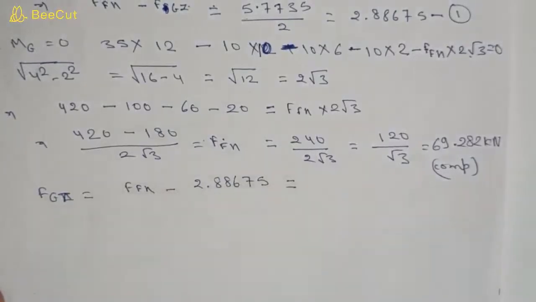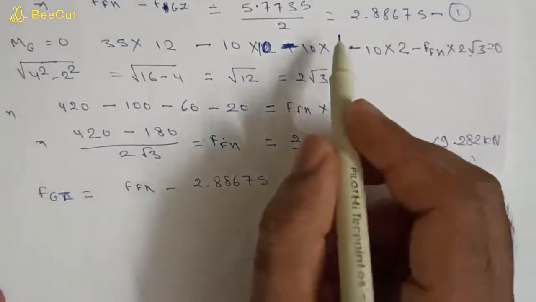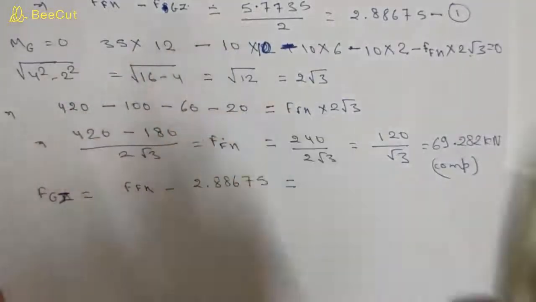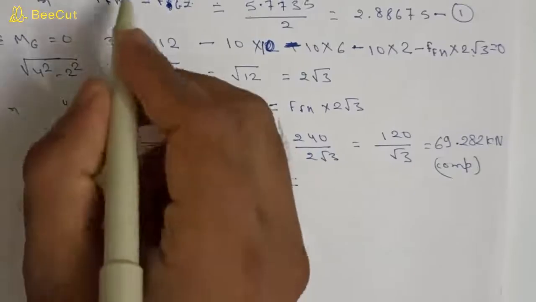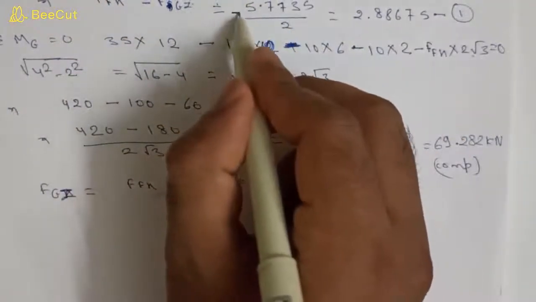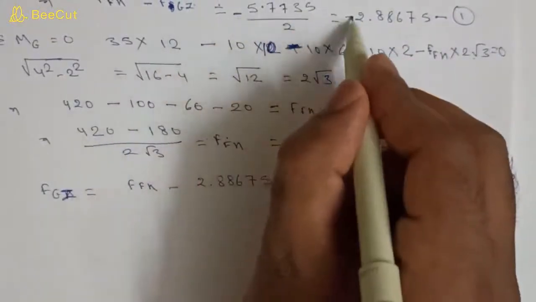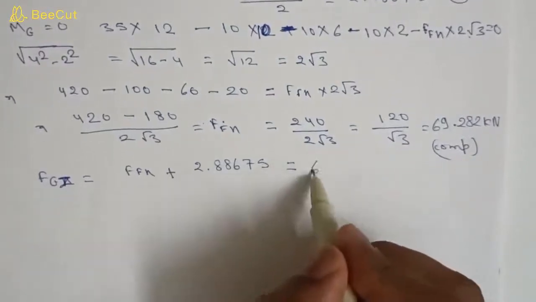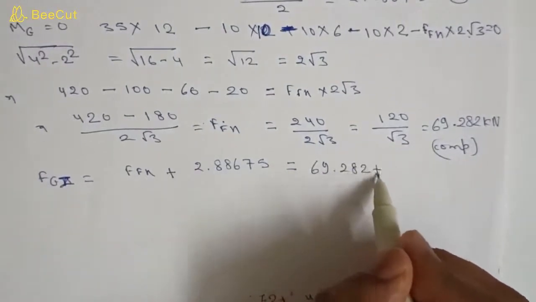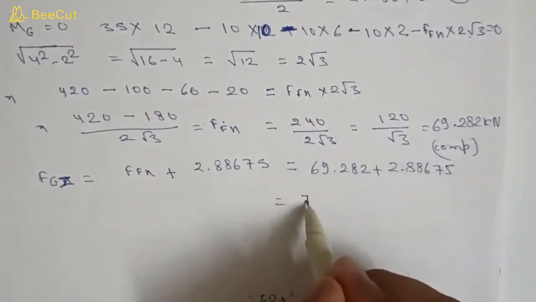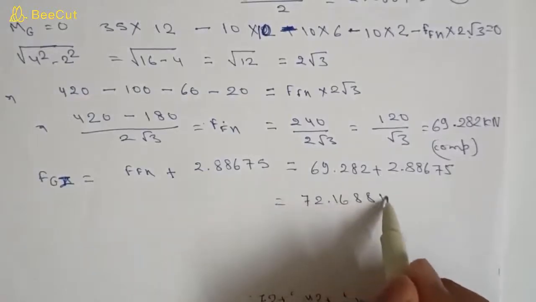So FGI is FFH, sorry, it was positive here, this was minus, and this was plus here, so if it goes to the opposite side of 0, it will become minus, so this was minus here, so it will become plus, so 69.282 plus 2.88675, so it will become 72.1688 kilonewton.